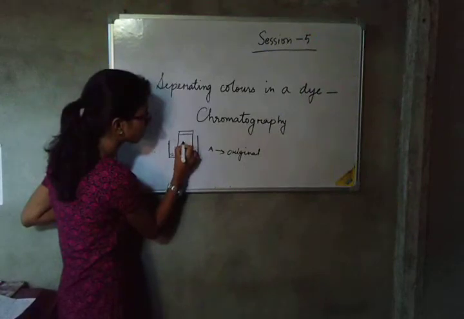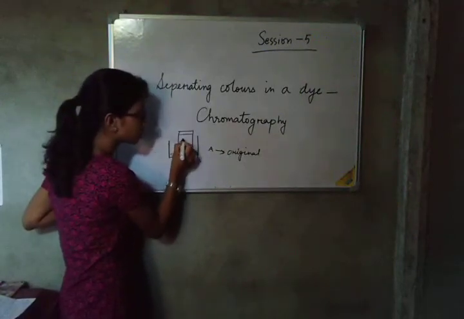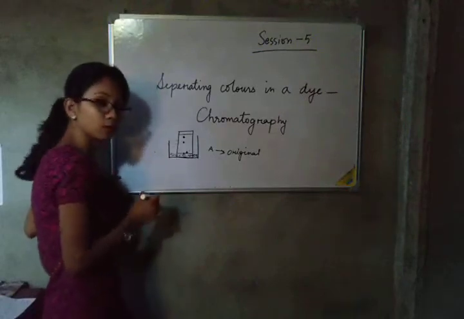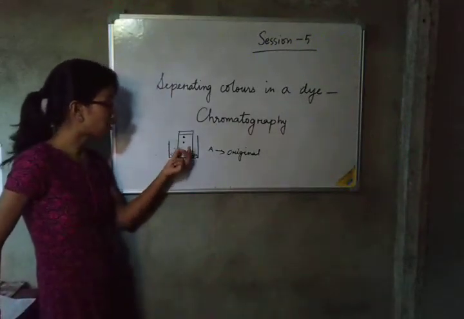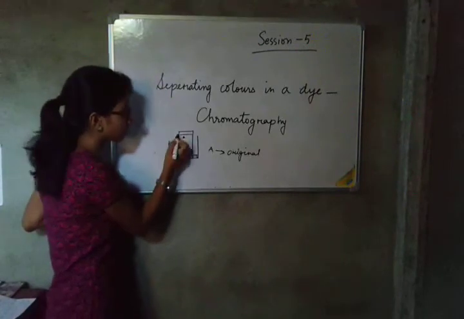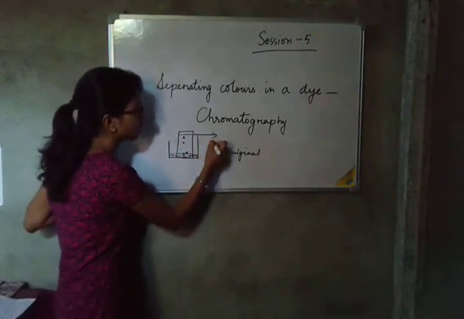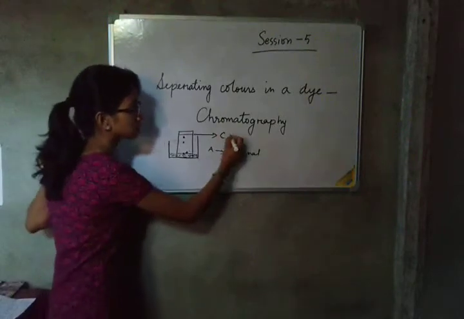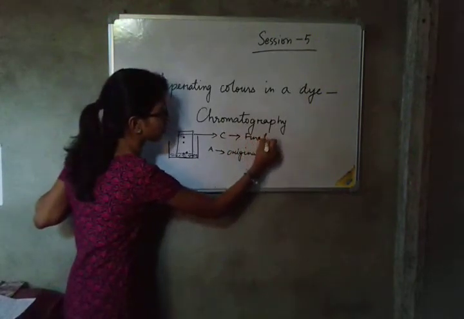Now you can see one spot here and another spot here. There are two spots now, and whenever the water rises up to this line, this is the final position. C is the final position.